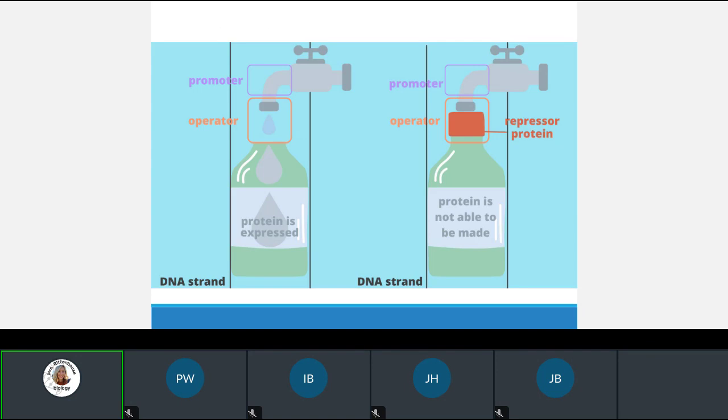I called the repressor gene the villain. All right. Just like your mom or dad, or if you have a bedtime or a curfew, they seem mean, right? But they're put on there for good purpose. Just like you have a bedtime or a curfew to keep your body safe, to get you rest, because without rest, you can't function well, right? Or you shouldn't be out at a certain period of night, because guess what?